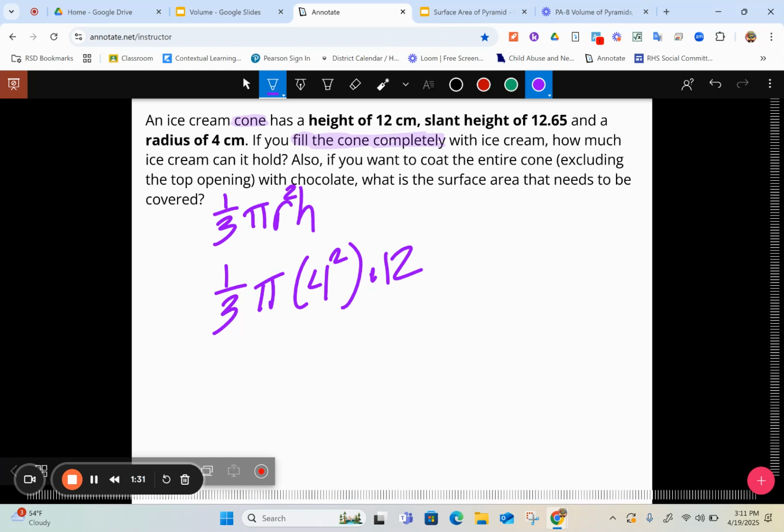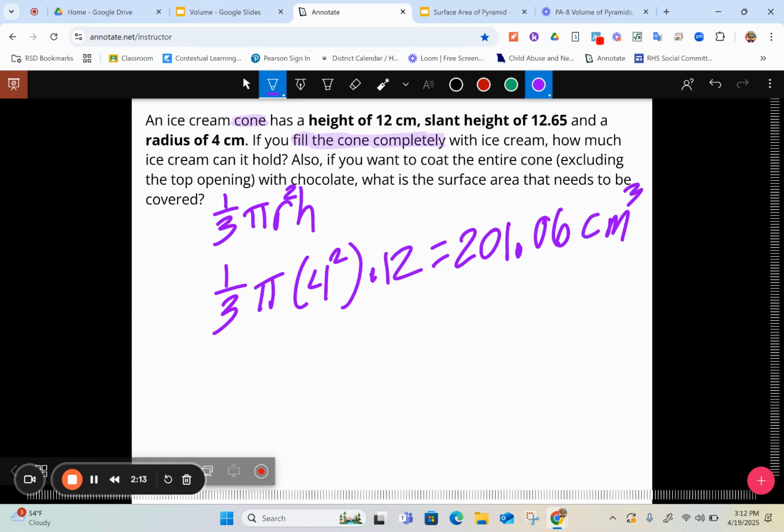1/3 times pi times 4 squared times 12. That gives me 201.06, and this would have been centimeters cubed.